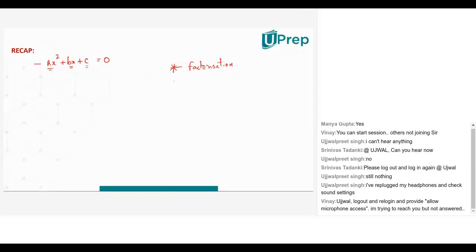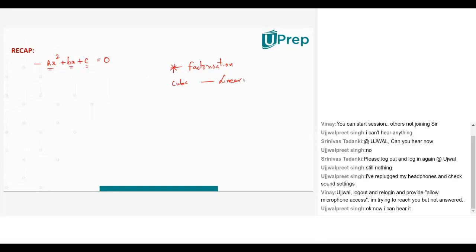Can somebody suggest, if I have a cubic polynomial, how many linear factors will be there? Can somebody suggest?